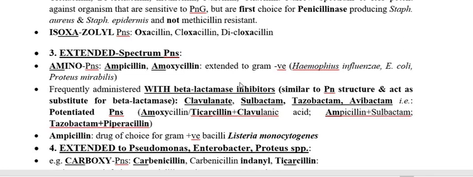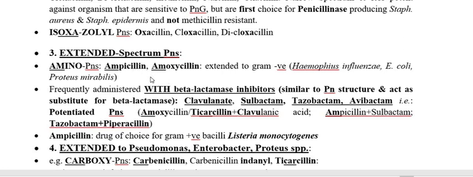Beta lactamase inhibitors are drugs or compounds which inhibit the activity of the enzyme beta lactamase. Once the activity of beta lactamase is inhibited, the beta lactam ring of ampicillin and amoxicillin is not broken down by the enzyme, and therefore their activity stays intact.